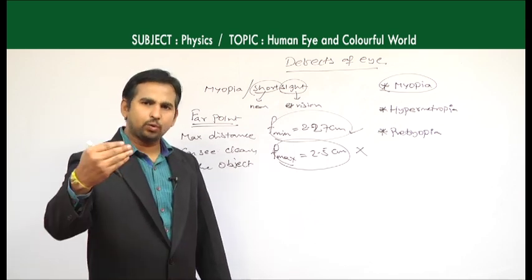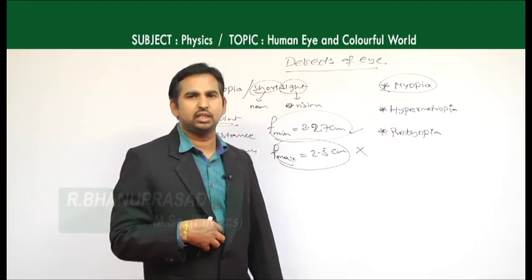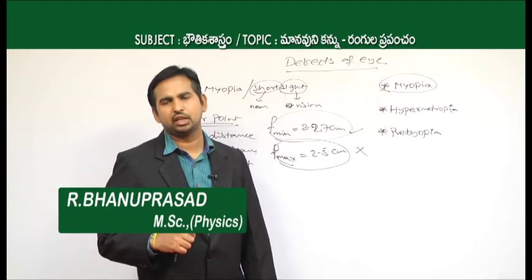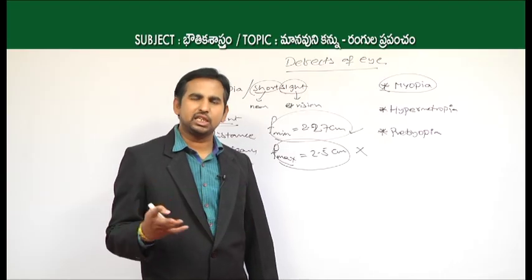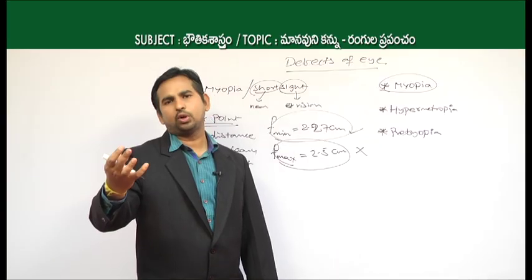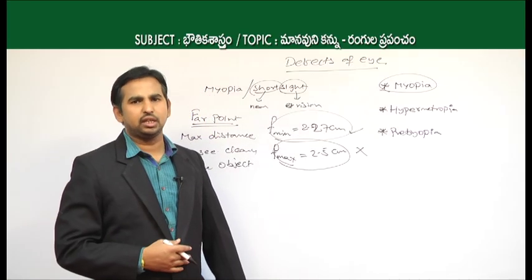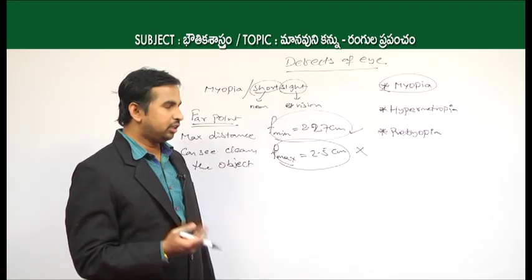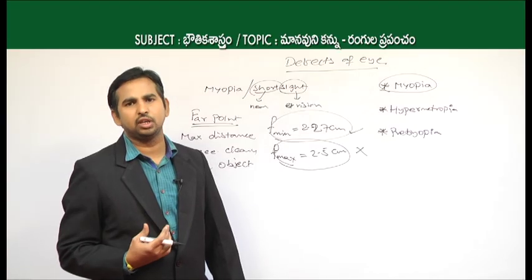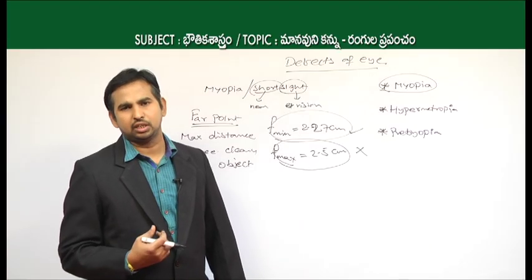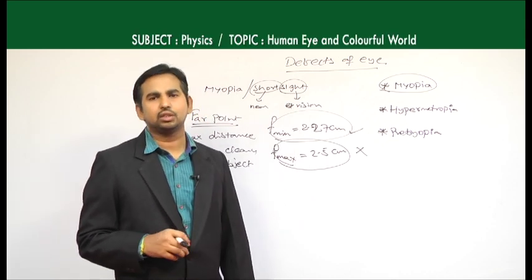If we take the object before this far point, the myopia-defected eye can see very clearly. So if we make an object that is beyond the far point come before the far point, they can see it very clearly. It is possible to cure this myopia by using a concave lens, because a concave lens has a diverging nature.